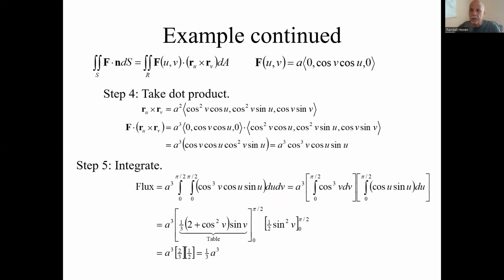And at this point, it's just normal calculus. Normal take a double integral. This one breaks up as a product. Got a cosine cubed, and then this guy, cosine u sine u. This guy would be easy enough because the derivative of sine is cosine.